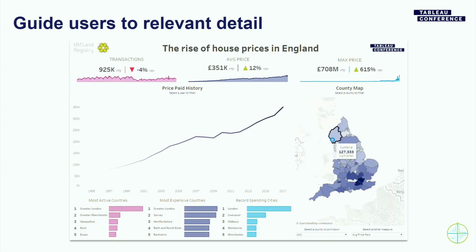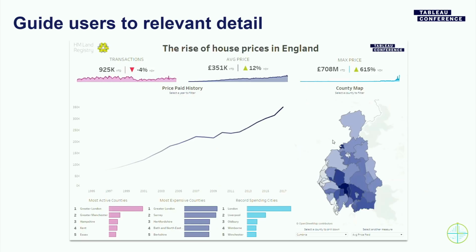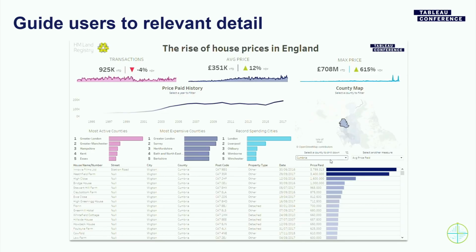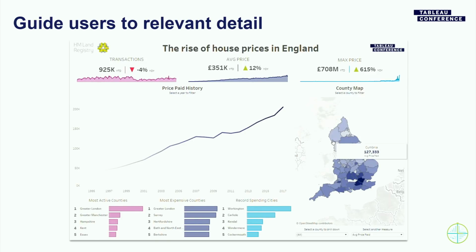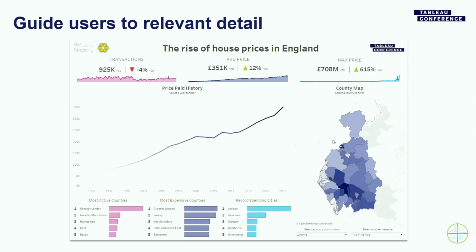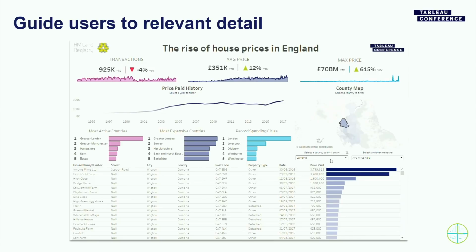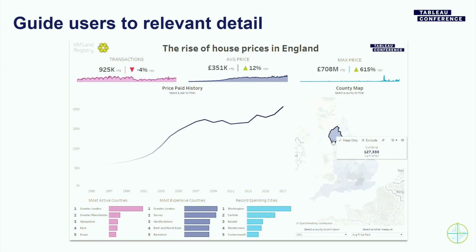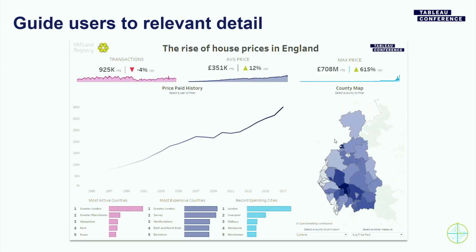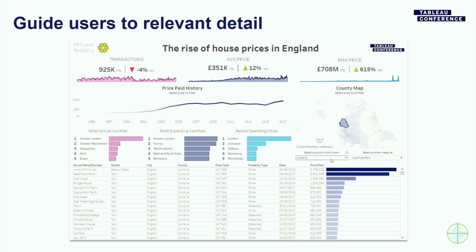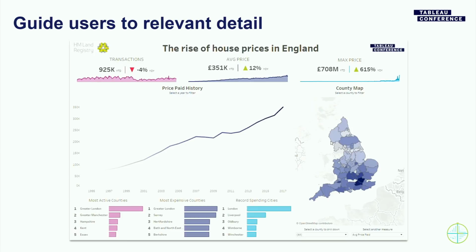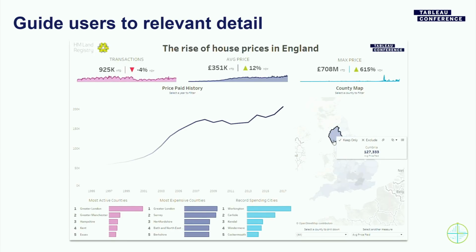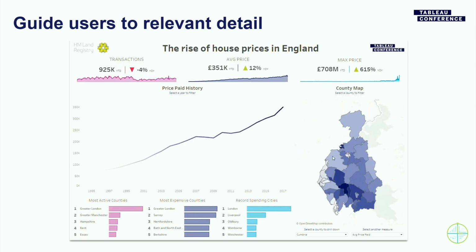Now, another advantage of filter actions is the ability to guide users through the levels of data that you have. We can start from the highest level of aggregation and interactively drill down through those layers to reveal more and more of that detail that's going to be relevant. This top-down approach is what I've found to be really the most consumable way of accessing that really deep level of data.